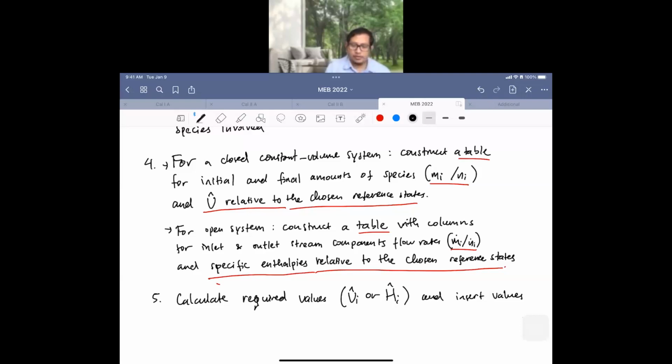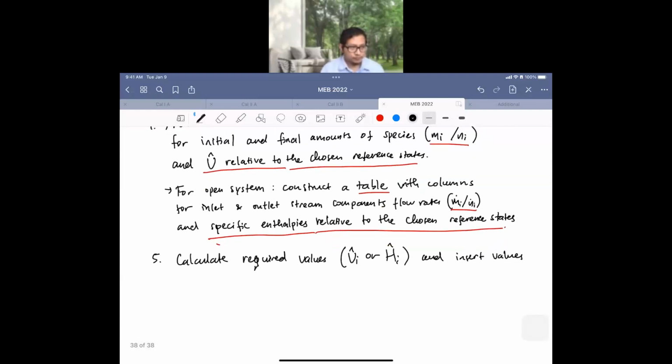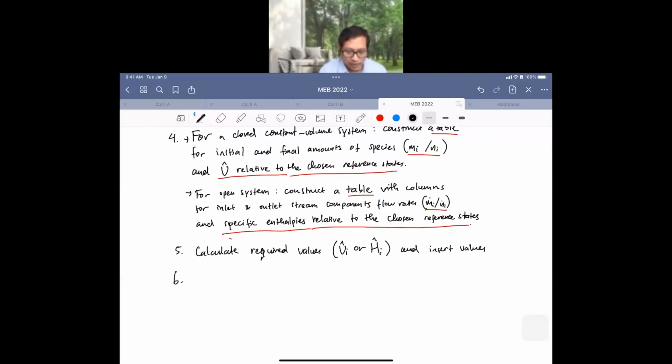And to calculate the values, we need to choose the reference states wisely. Sometimes we choose a reference state that is easily counted, like zero or other states, that we are able to give significant results. And then with all the values already input, we calculate the total system.